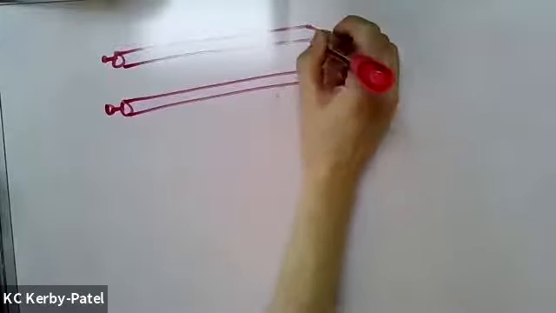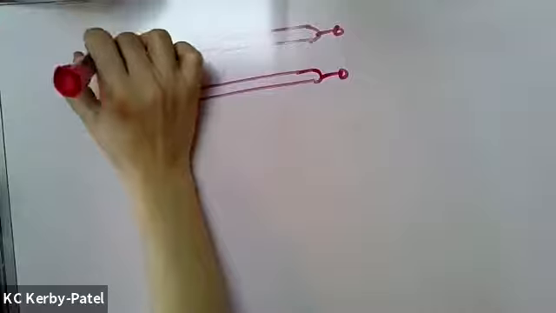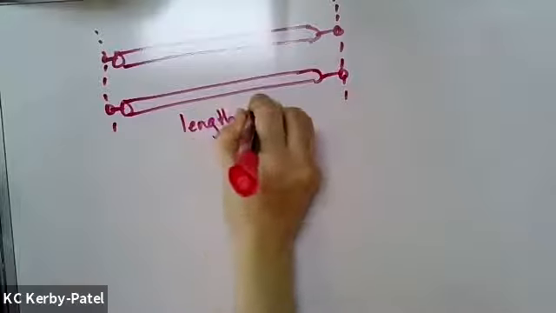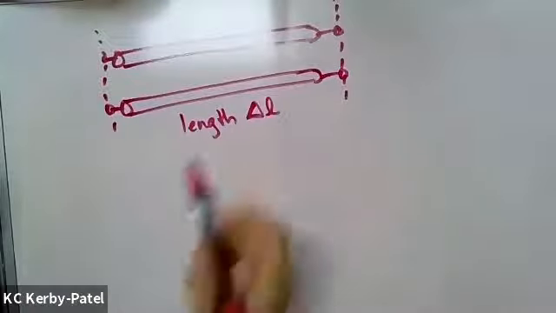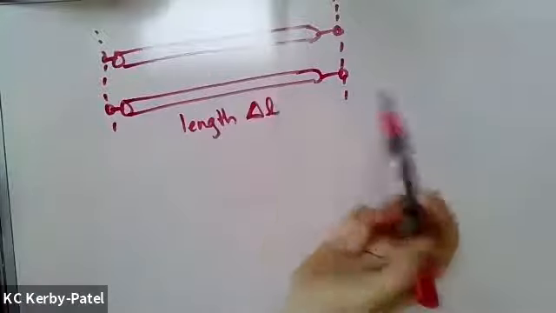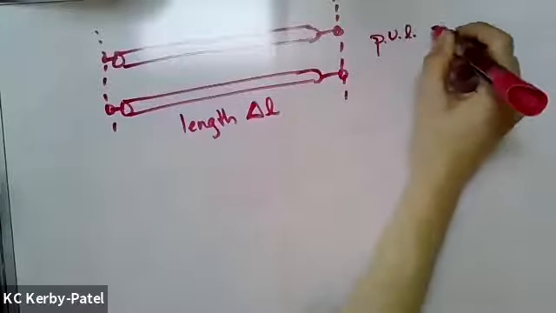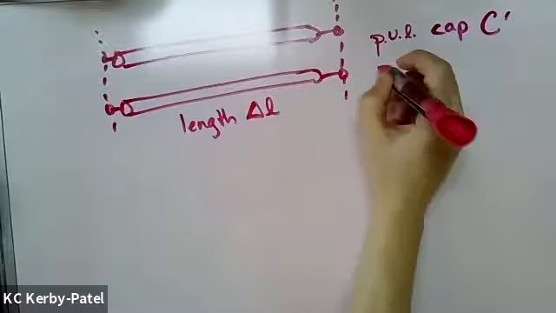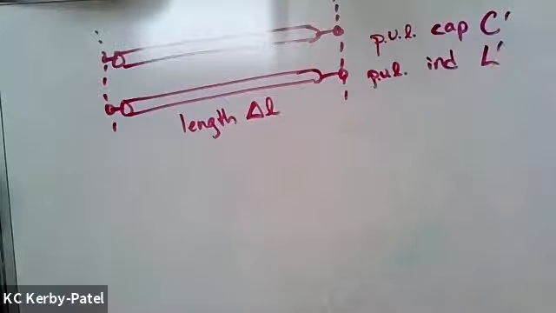We have a short transmission line section here, and it's got length delta L. As we have discussed in our earlier chapters, this structure has some capacitance per unit length, which I'm going to name C prime, and a per unit length inductance, L prime.